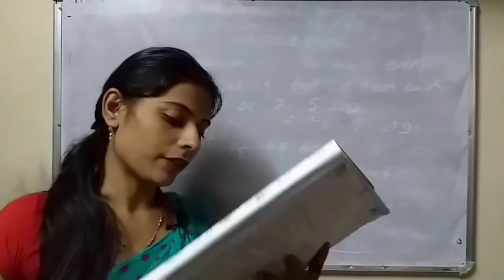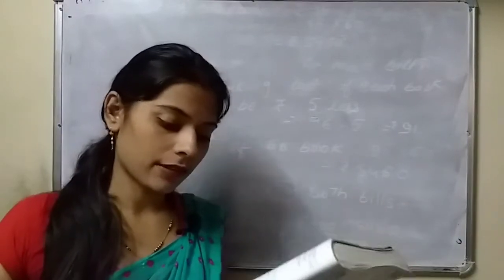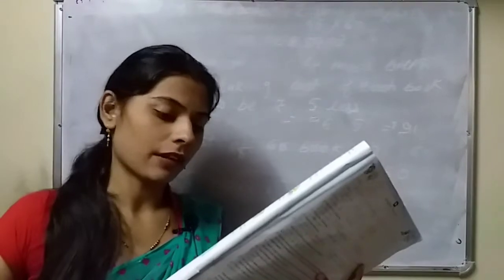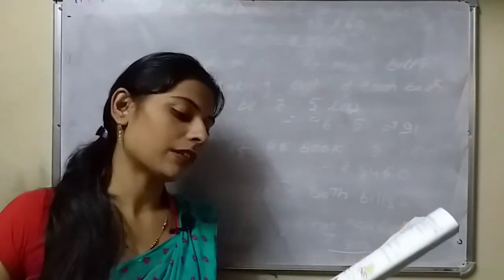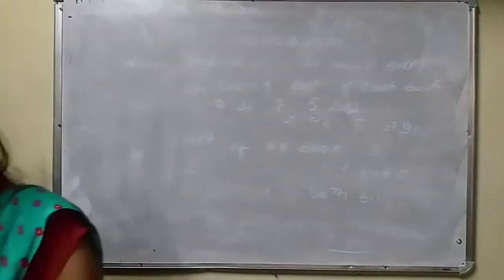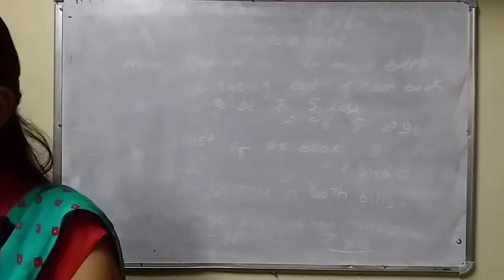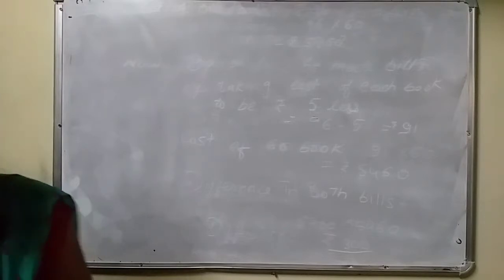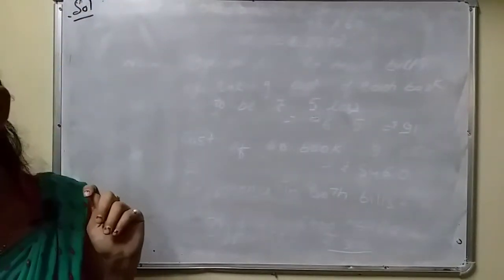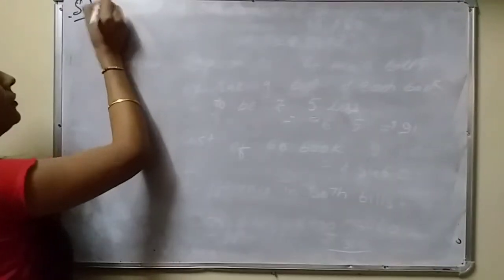See question number 5. Every floor of a 104-story skyscraper is 4 meters high. If a balloon rises 3 meters every second, how long will it take to rise from the 36th floor to the 96th floor? Now see, solution number 5.